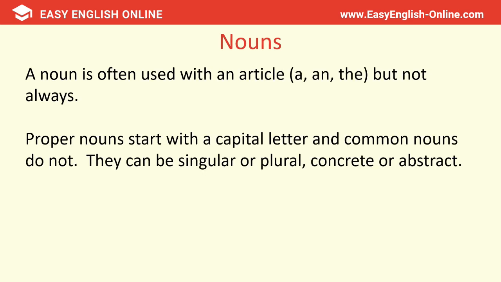A noun is often used with an article, so a, an, or the, but not always. Proper nouns start with a capital letter, like for example Peter or London, and common nouns do not. They can be singular or plural, concrete or abstract. This may sound a little complicated, but really it isn't. Please see my next video in the series for more details on nouns.